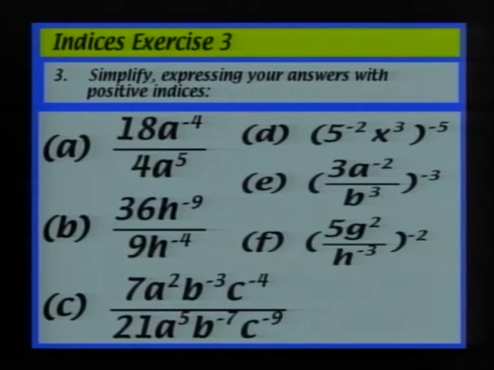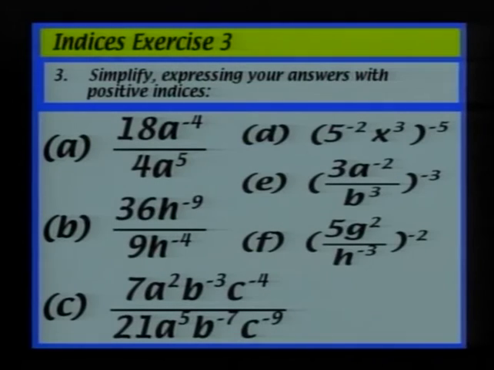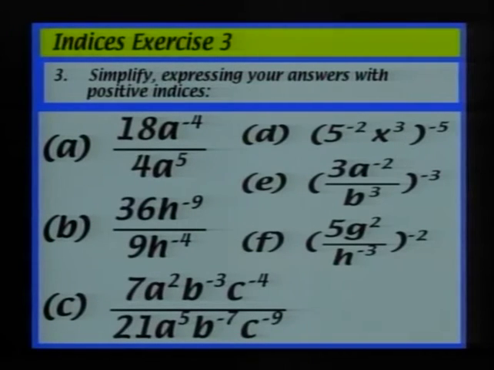That was letter C. Letter D, 5 to the power of 10 over x to the power of 15. I don't know the answer to 5 to the power of 10, sorry, but you've got calculators. You can find the answer to that. But it should be 5 to the power of 10 over x to the power of 15.